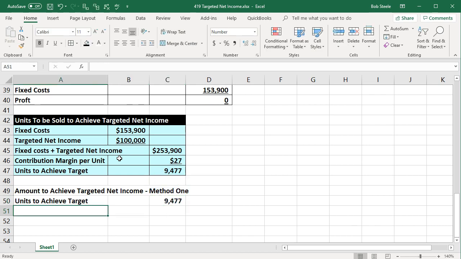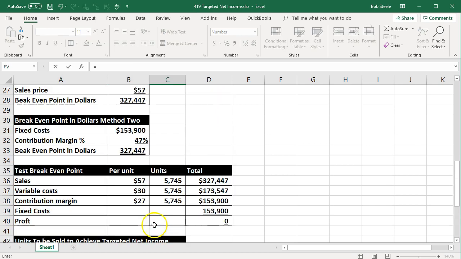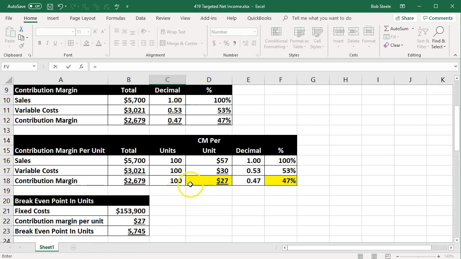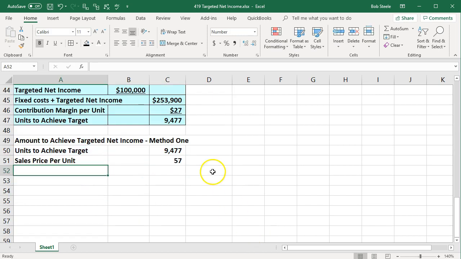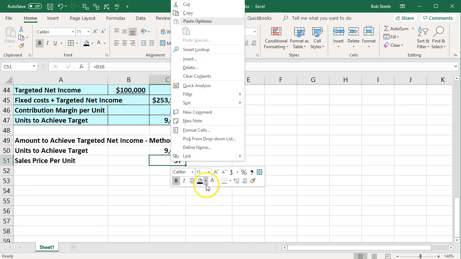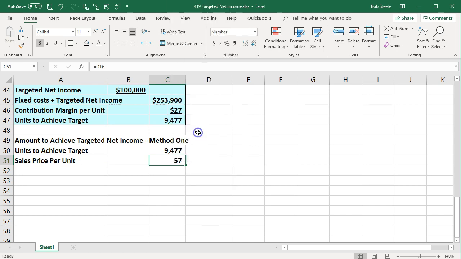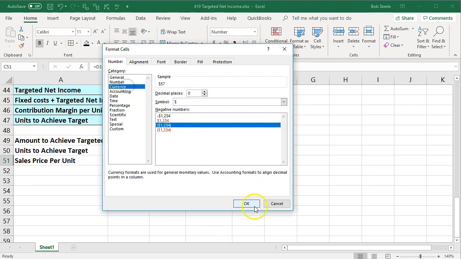And then we've got the sales price per unit. And I'm going to say that that's going to equal what our sales price is, which we have up top. Again, not the contribution margin, not the variable cost. This is what we sell them for, the $57 per unit. And so there we have that. Again, this is dollars. So we can say this is dollars and not units.